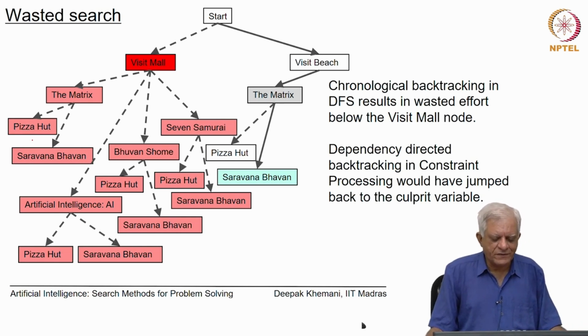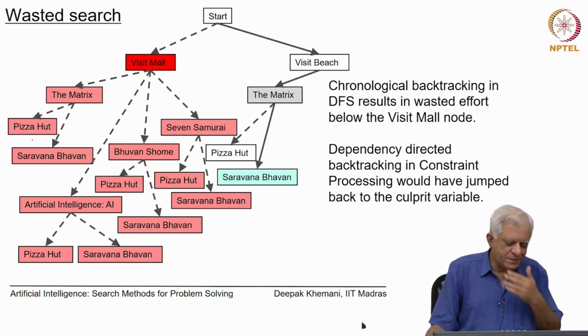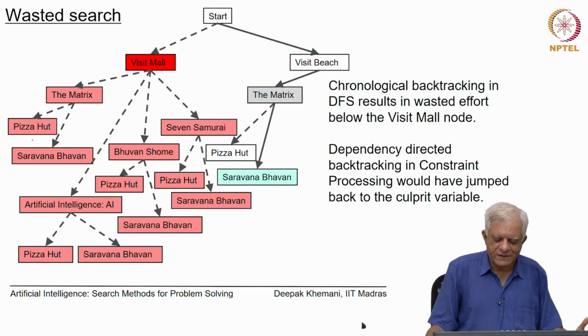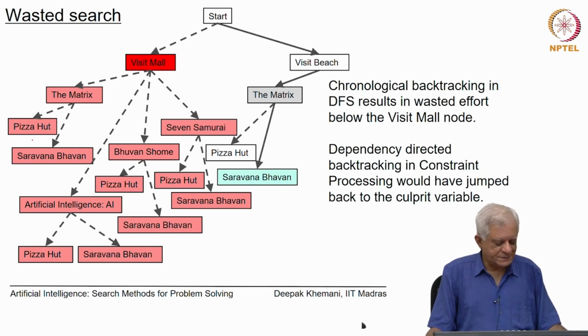If you can somehow identify, for example in the first solution, that visit mall, the Matrix, the Pizza Hut, or even after the second one, which is Saravana Bhavan, you realize that it is the mall which is the culprit, you go back to that variable and then change the value of that variable. That kind of an approach is called dependency directed backtracking, and if you ever study constraint satisfaction problems, you would encounter various algorithms which take different approaches to jumping back to culprit nodes.